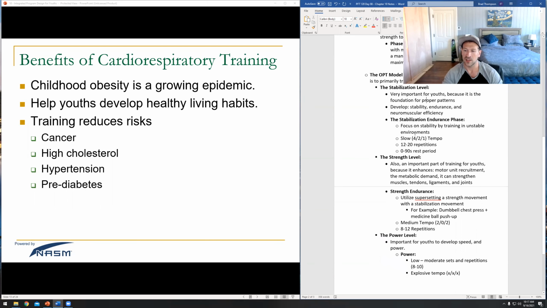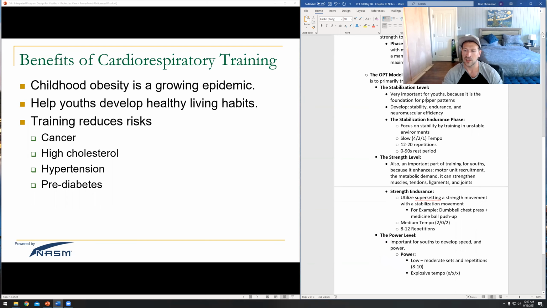And so again, we see all the rules here. Focus on stabilizing and training in an unstable environment at slow tempos for high repetitions. Strength level is important. It does enhance motor unit recruitment and the metabolic demand. It can strengthen their body in certain ways, although they don't have that super high capacity. Generally, you're going to use strength endurance.